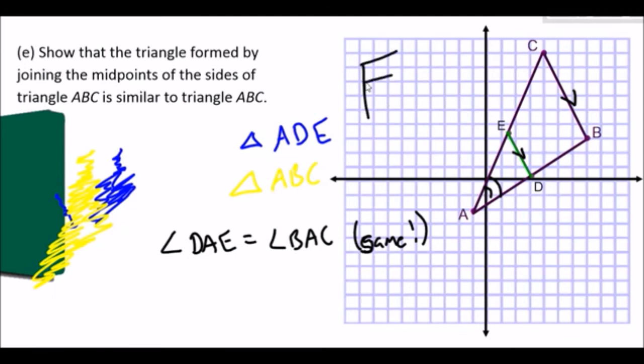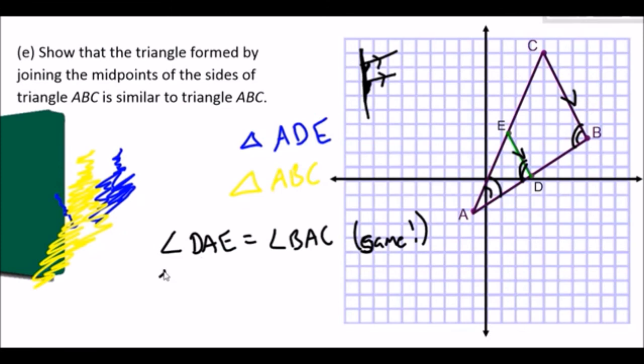Here's an F, and if these are parallel lines, the F pattern tells us that these angles here, which I affectionately call the armpit angles, must be equal to each other, and that's because these parallel lines would intersect this transverse line at the same angle, otherwise they're not parallel. So I know that this angle must be the same as this angle, and that's because of parallel lines.